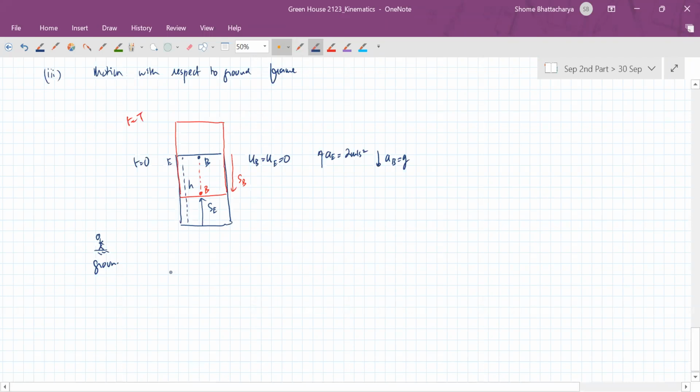You can see that in the ground frame, the displacement of the bolt is half gt squared downwards, and the displacement of the elevator is upwards. So at t equal to capital T, the sum of their magnitudes should be equal to h.